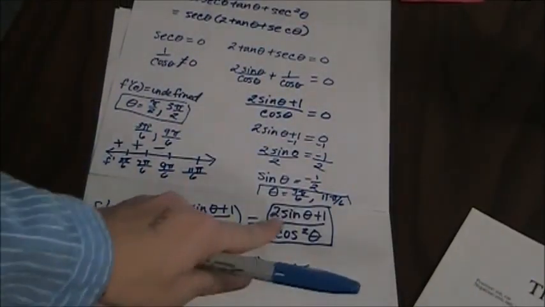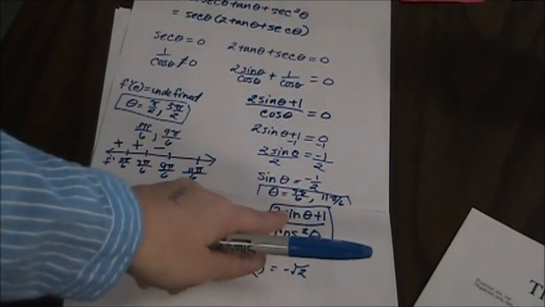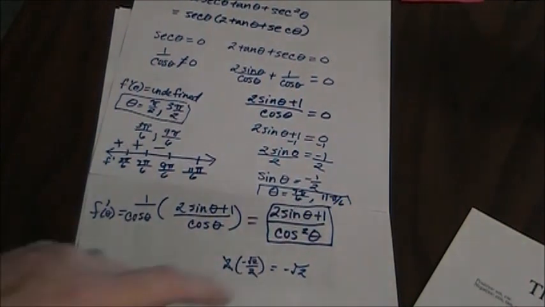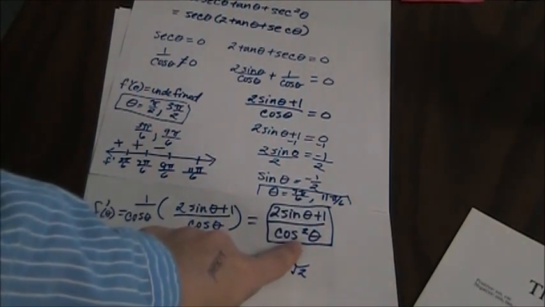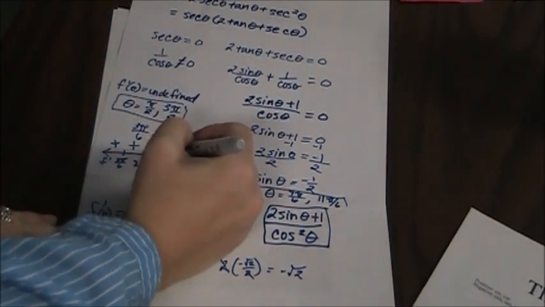And so I know if I plug it in up top, I'm going to get the same result. I'm going to get a negative value in the numerator. And then the denominator will always be positive because it's cosine squared. And so again, I have a negative over a positive, which makes it negative.